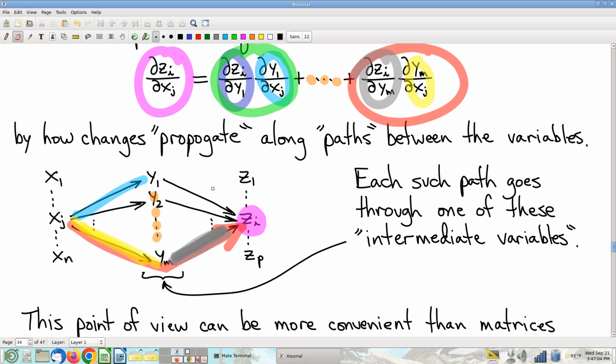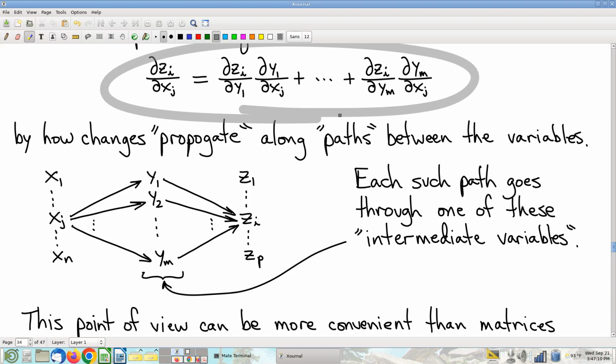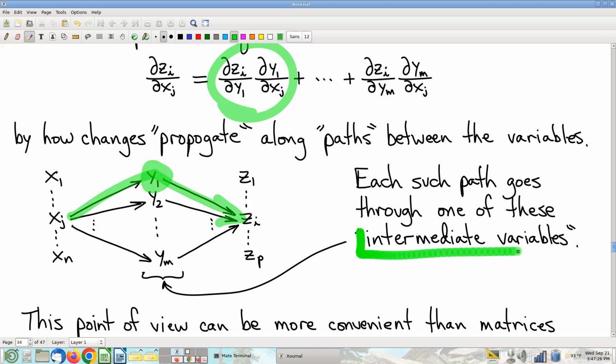Okay. So this is how I like to think about this equation. It comes out of matrix multiplication, but I like to think of it as a consequence of thinking about these different paths. Each path corresponds to a term. By the way, said differently, each one of these paths corresponds to what you might call an intermediate variable, the variables in the middle, not the initial first variable, not the output of the output.